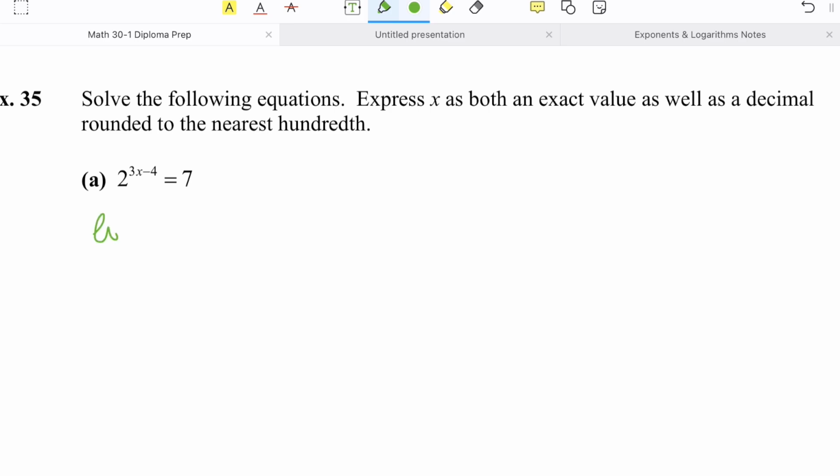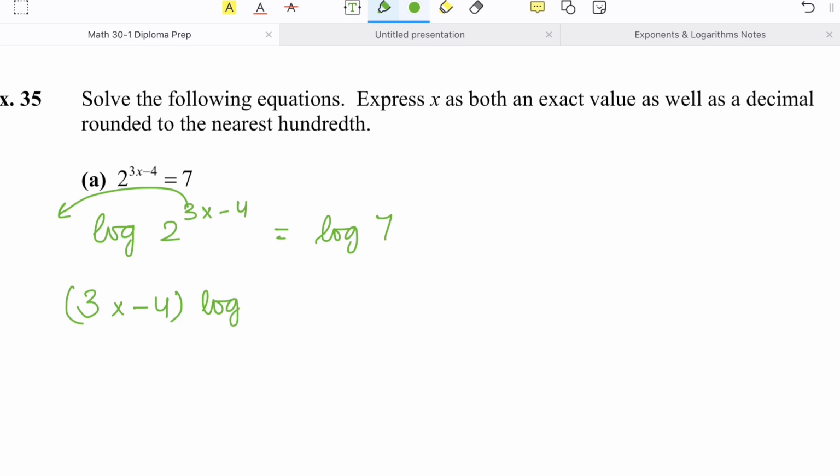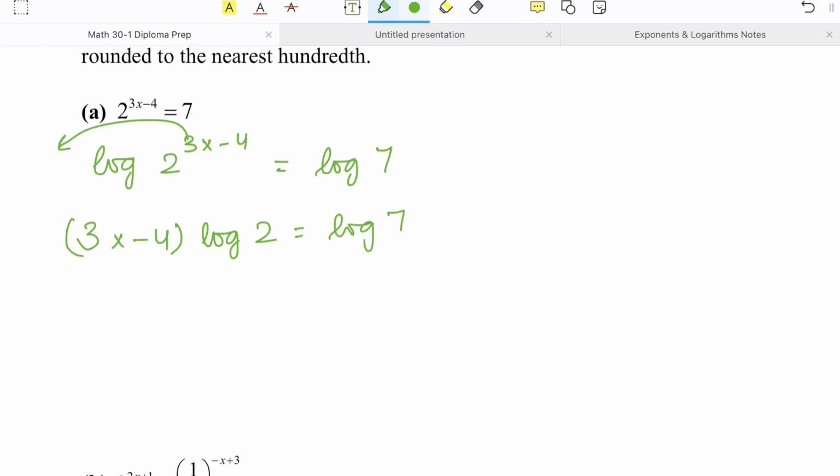So I'm going to put log right over here on both sides. I'm going to bump and shuffle, so it's going to be 3x minus 4 times log 2 is equal to log 7. Now I can divide both sides by log 2. Right, log 2 and log 2 cancel. We have 3x minus 4 is equal to log 7 over log 2.